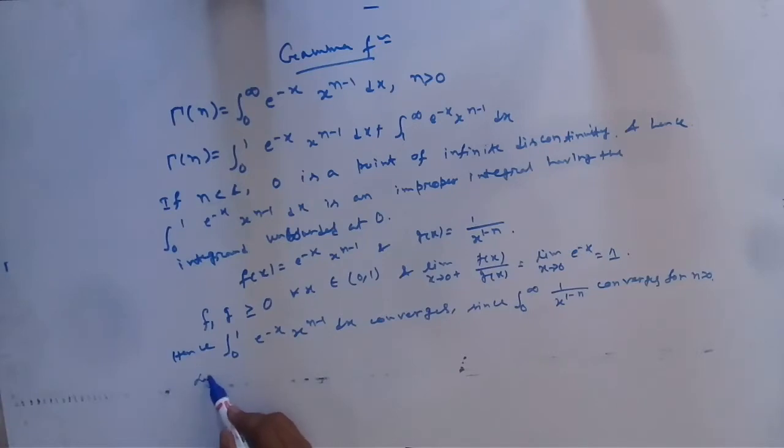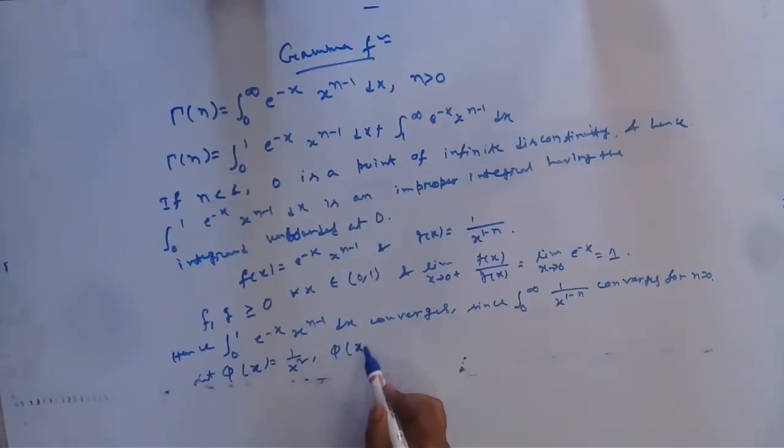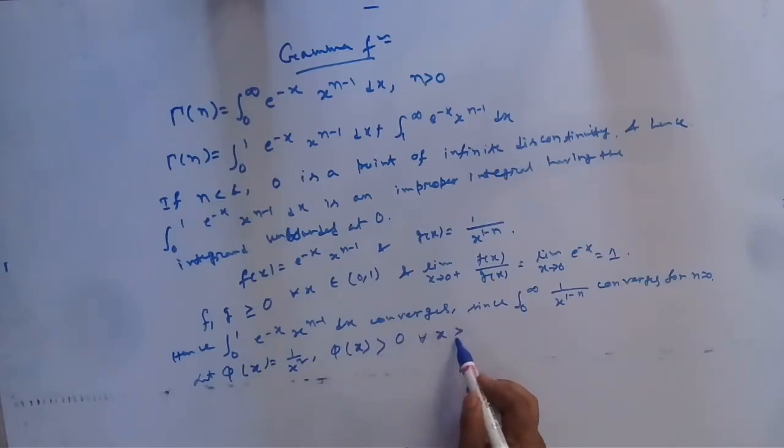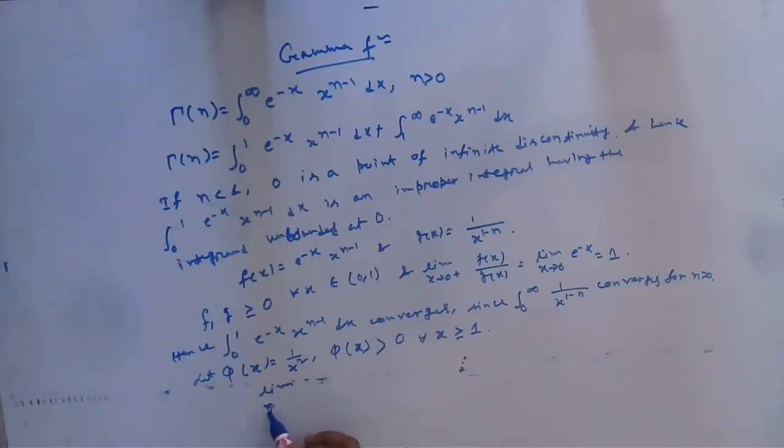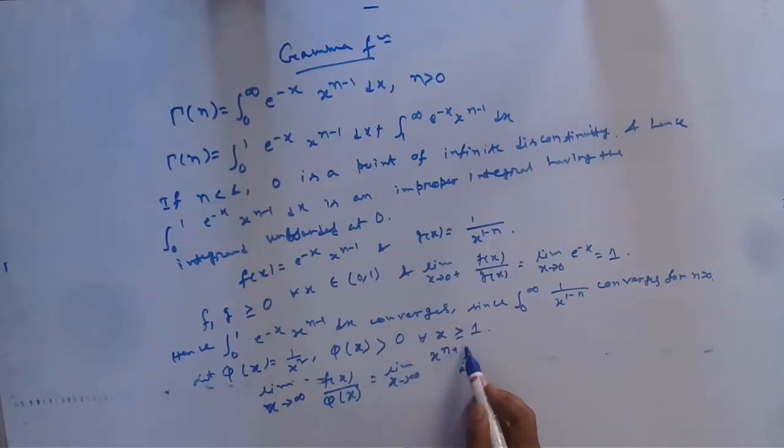So let phi(x) equal to 1 by x square. Then phi(x) is greater than 0 for all x greater than or equal to 1. Now limit x tends to infinity f(x) by phi(x) equal to limit x tends to infinity x to the power n plus 1 by e to the power x, equal to 0 for all n.